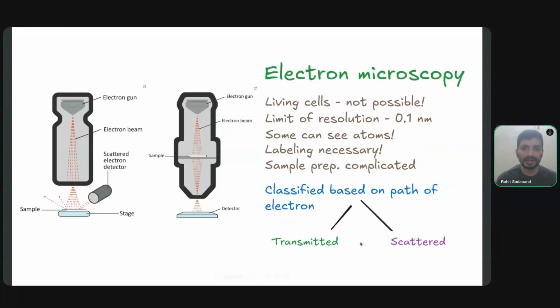And now come electron microscopes. Again, here it is just that the particle is electron, otherwise the entire concept is the same.